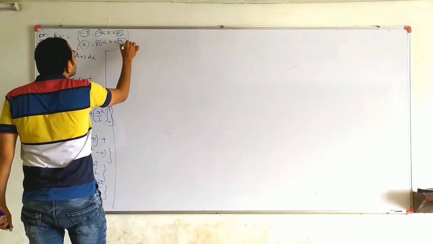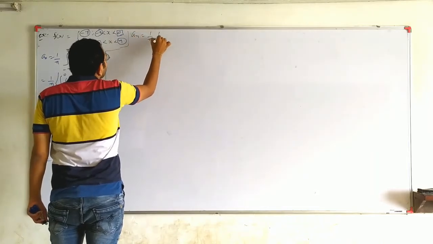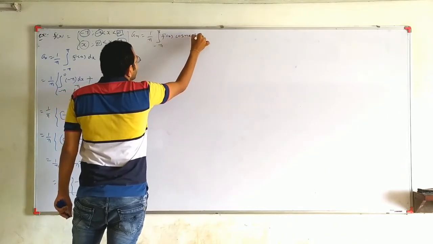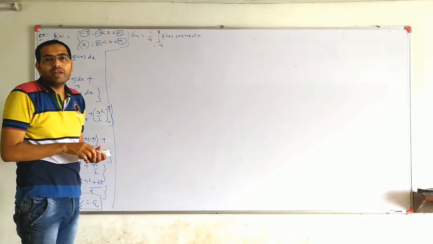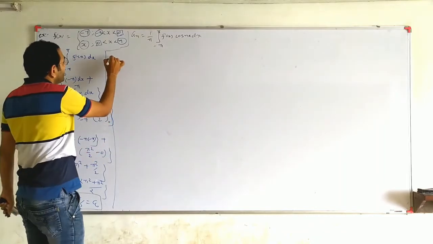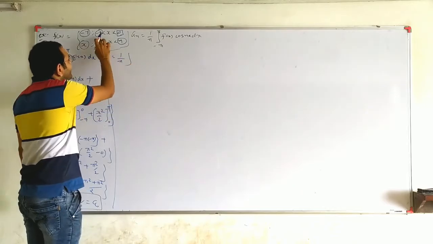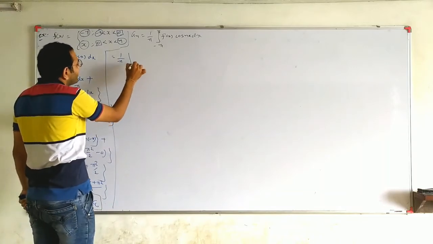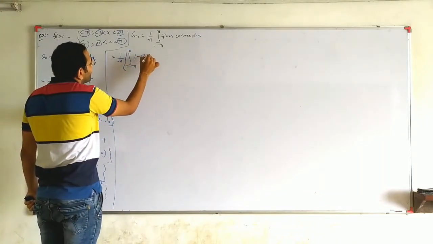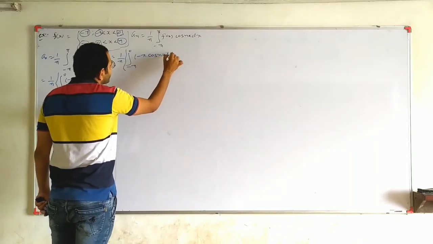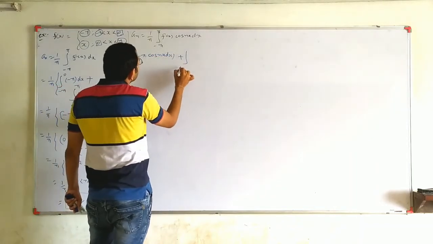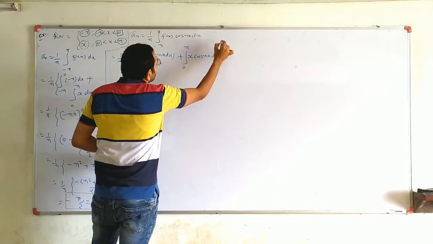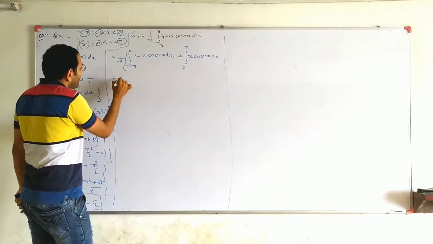Similarly, we will find the value of an. an equals 1 upon pi integral from minus pi to pi f of x cos nx dx. Similarly, we will break the limits of the function: from minus pi to 0 the function has value minus pi, so minus pi into cos nx dx, plus from 0 to pi the function has value x, so x into cos nx dx, all multiplied by 1 upon pi.